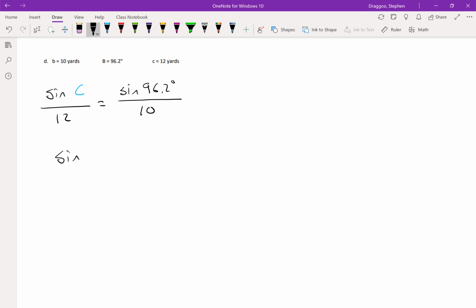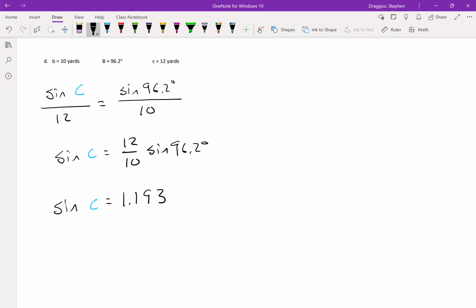So sine of C is equal to 12 over 10 times the sine of 96.2 degrees. If we plug that into a calculator, we get that the sine of C is equal to 1.193.